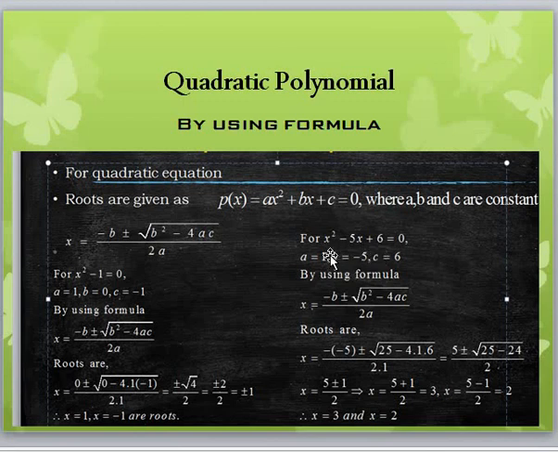Now the next example is x² - 5x + 6 = 0. Here a is 1, b is -5, c is 6.